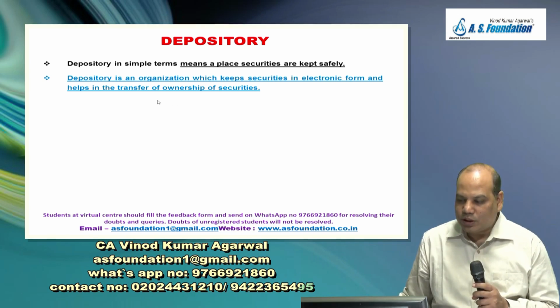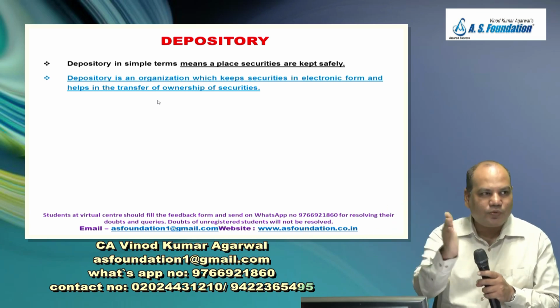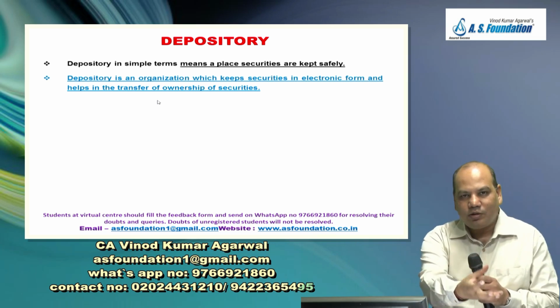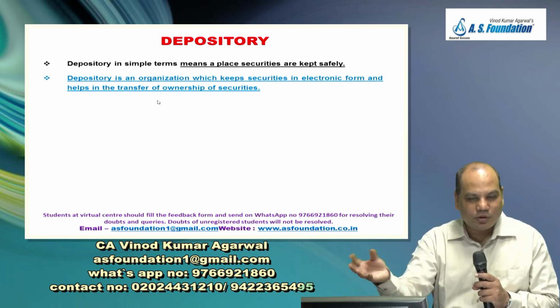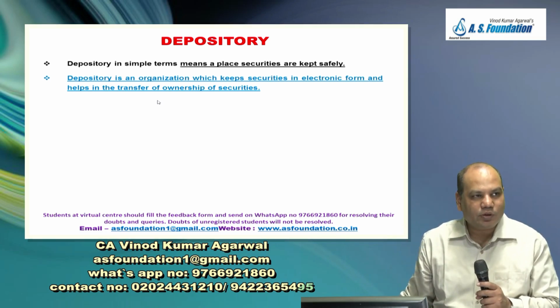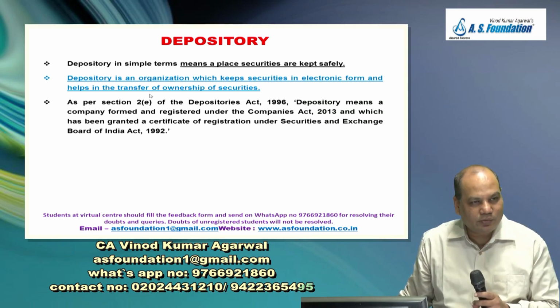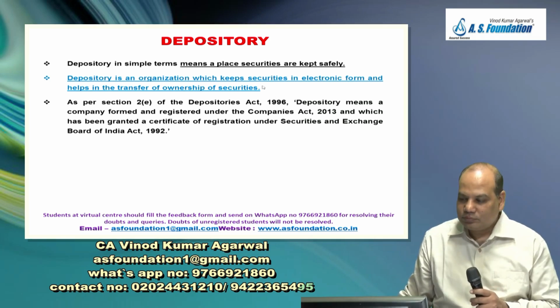Whenever you want to transfer it, it's easy. If you want to sell, it will be reduced from your account. If you buy, it will be added to your account. So it works like a bank passbook. When you deposit money in your bank, the account is credited. When you withdraw money from your bank, it is debited.